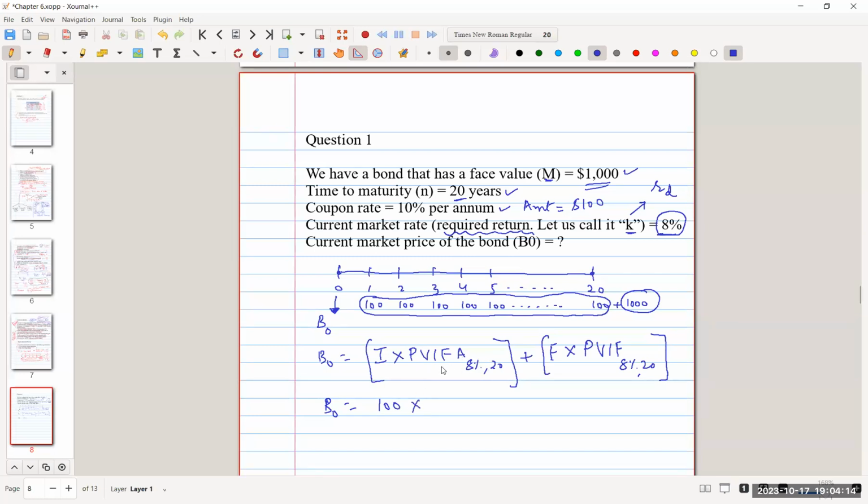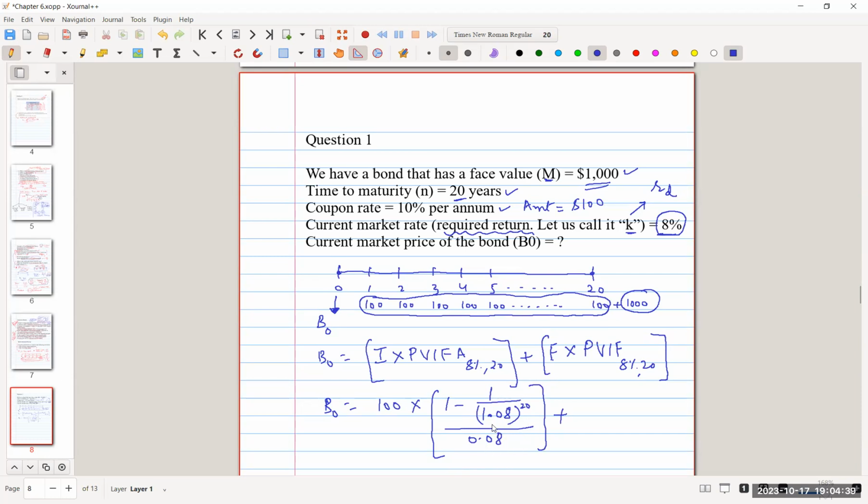You can look it up in the table, or you can calculate it like this. So this is the present value interest factor of the annuity.